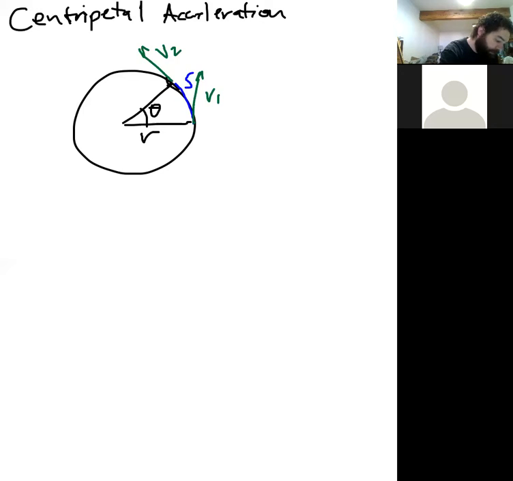So we draw these two velocity vectors, and we'll just move them out here and put them end to end. Let's call that one 1 and that one 2. Yep, that's pretty much it. Then there'll be the difference there.